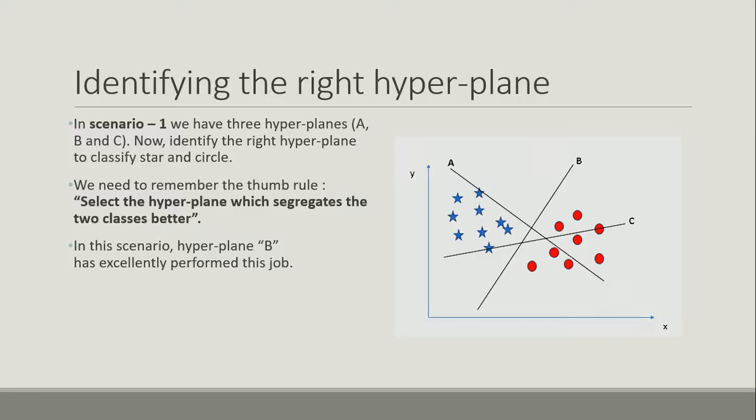Here we have three sample hyperplanes, A, B, and C, and as you can see, hyperplane B segregates the stars and the dots properly into two classes. So in this scenario, for the first step, we will select hyperplane B as the correct hyperplane.